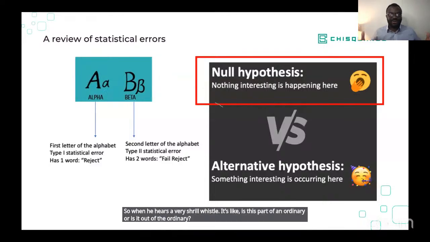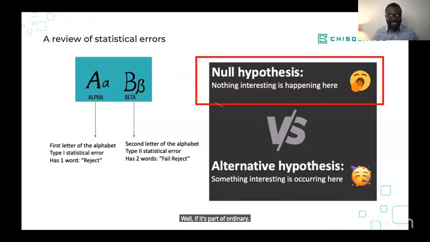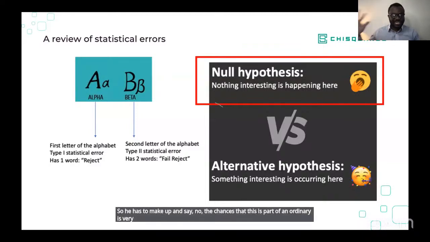Well, if it's part of the ordinary, that sounds like just the crowd he has heard 1,000 times. So he has to make up his mind and say, no, the chances that this is part of the ordinary is very little because this sounds much louder than the ordinary. So it is likely that this is from the referee, or it is very unlikely that this is from the crowd. So I have to stop.